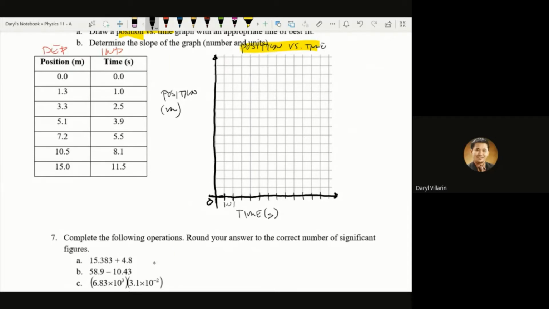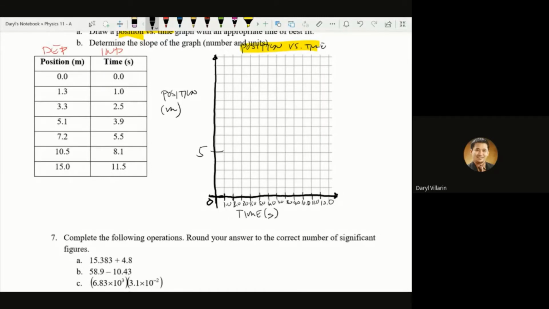1.0, 2.0, 3.0, 4.0, 5.0, 6.0, 7.0, 8.0, 9.0, 10.0, then 11.0, then 12.0. Okay. For the position, on the other hand, I can use 1, 2, 3, 4, 5.